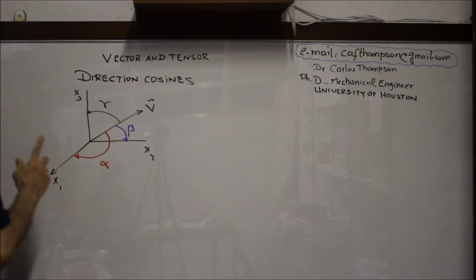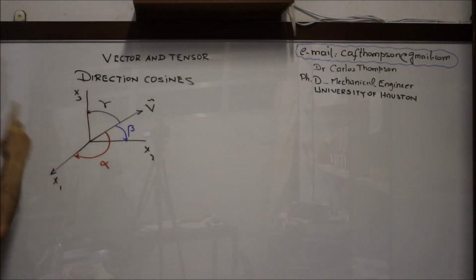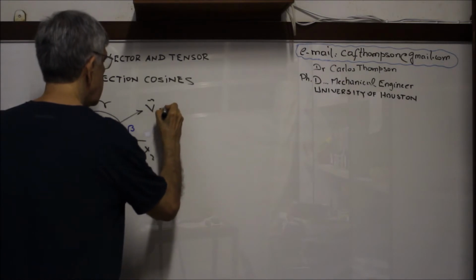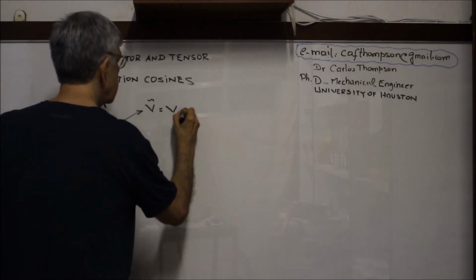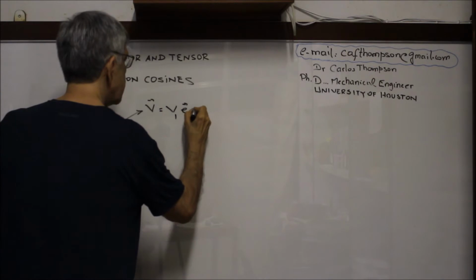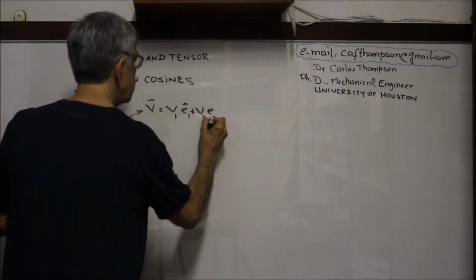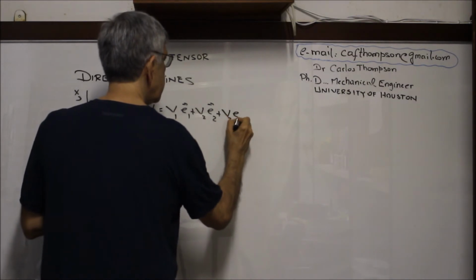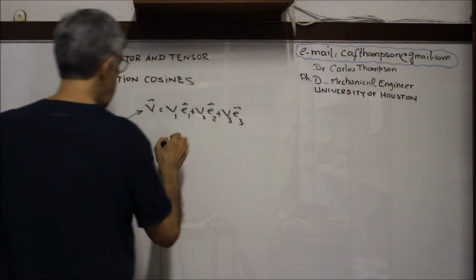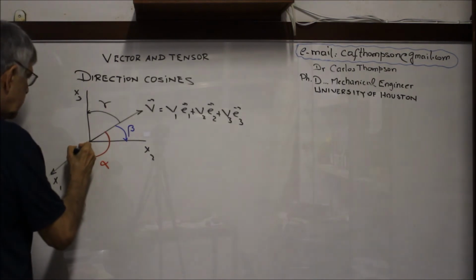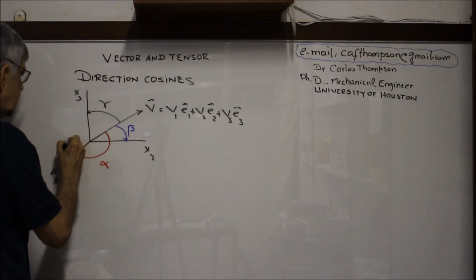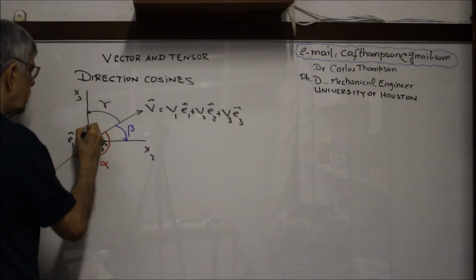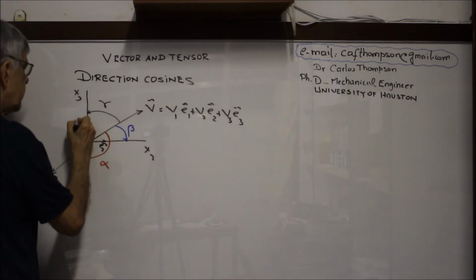First of all, vector v is equal to v1 e1 plus v2 e2 plus v3 e3. Look, this is e1, this is e2, and this is e3.